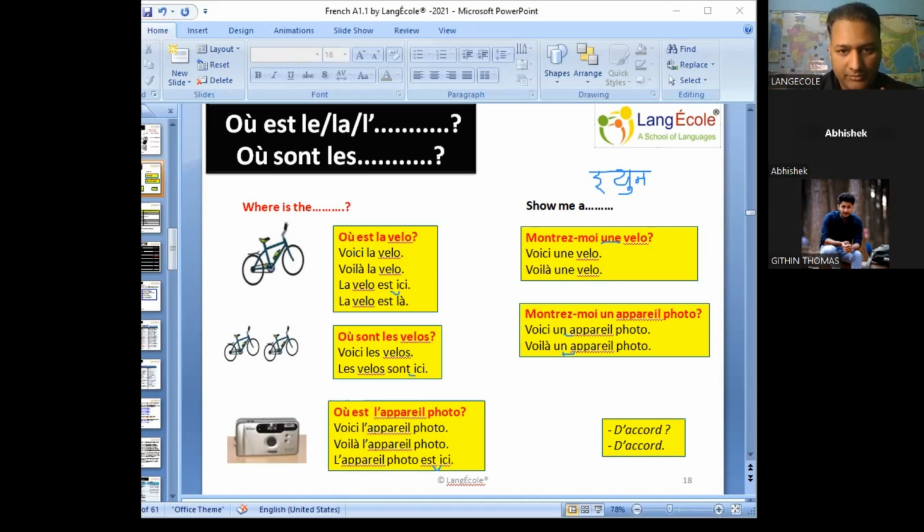So vélo is a cycle, so it's masculine. Not all locomotives are feminine; usually, you can keep it like this: the smaller ones that you can drive, like cycle, bicycle, motorcycle, car, but not the truck.